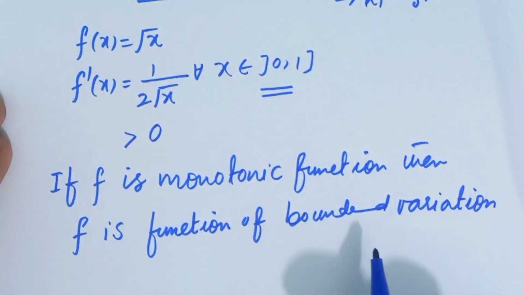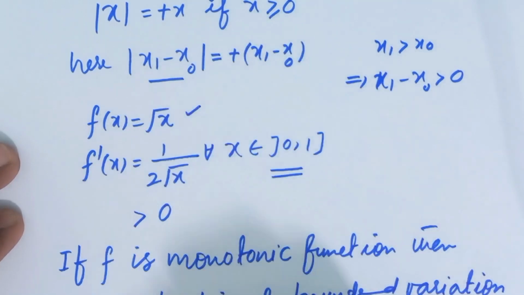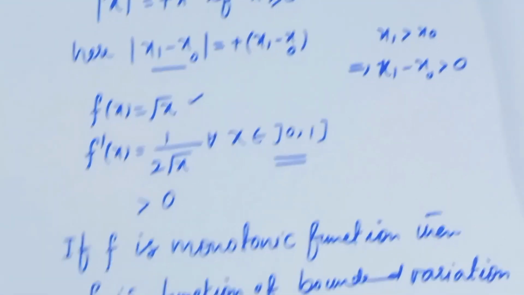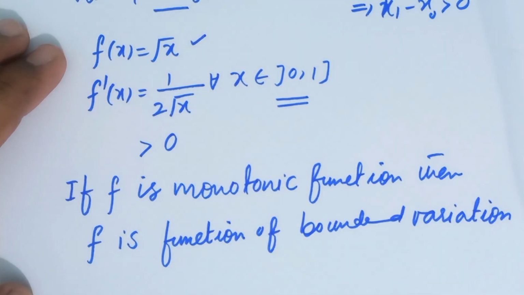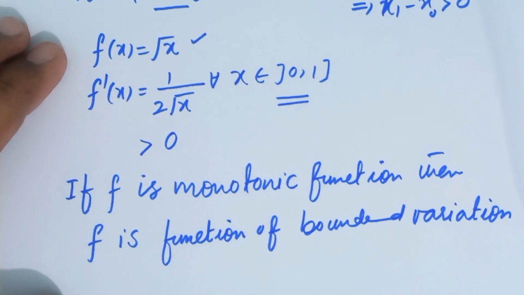So according to this theorem, this function f of x is a function of bounded variation. Next we show that this function f of x is not a Lipschitz function.